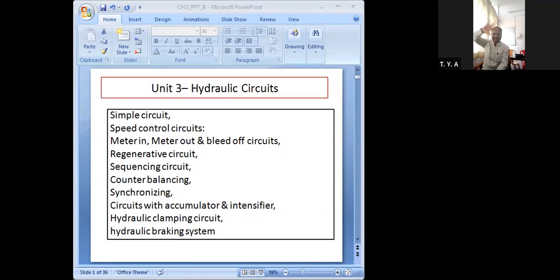To represent that entire system as per standard with the help of symbols is called the hydraulic circuit. In other words, a hydraulic circuit is an arrangement of interconnected components. Which components? As we know, such as pumps, actuators, control valves, and the piping.